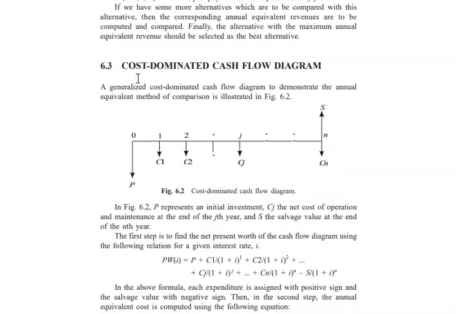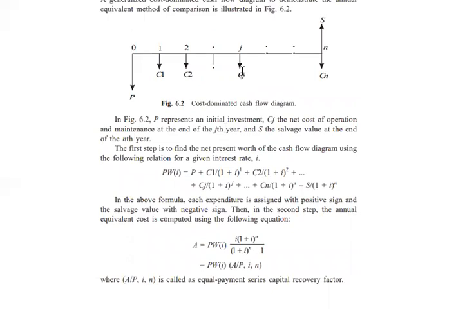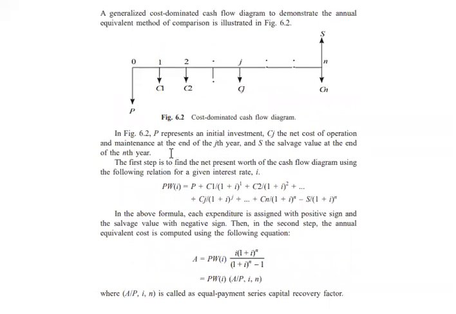Now the cost dominated cash flow diagram. For this, we have the following diagram. Here P represents the initial investment, and Cj is the net cost of operation and maintenance at the jth year, and S, as usual, is the salvage value at the end of the nth year.